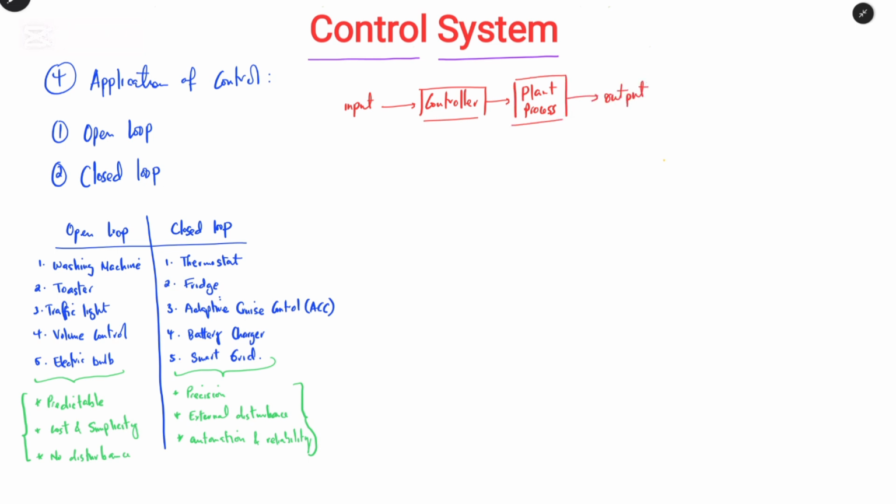So under open loop, all of these systems should have this basic component, and we also described each of these components in our previous video. The link for the previous video is given in the description below. If you have time, you can go back and watch our previous video.